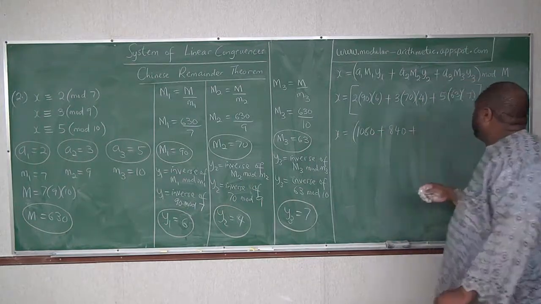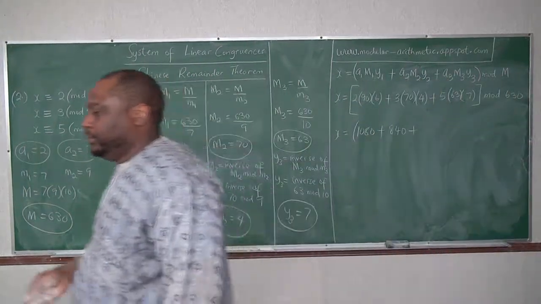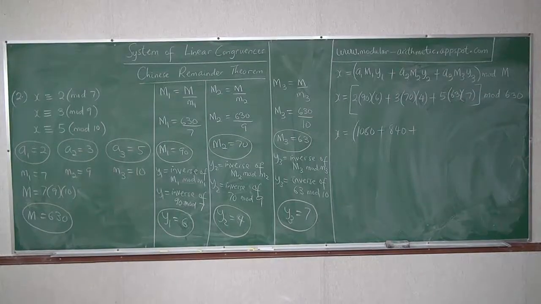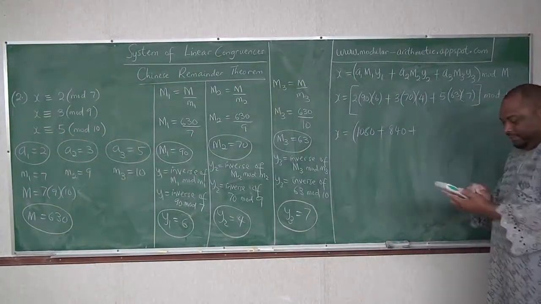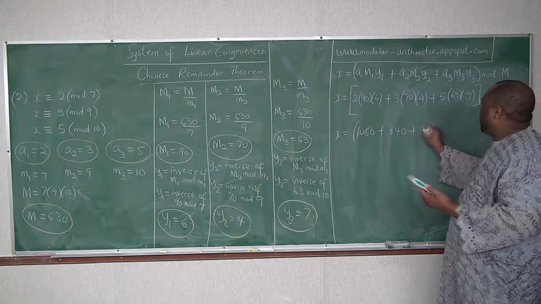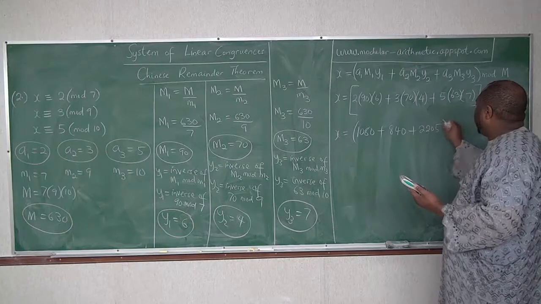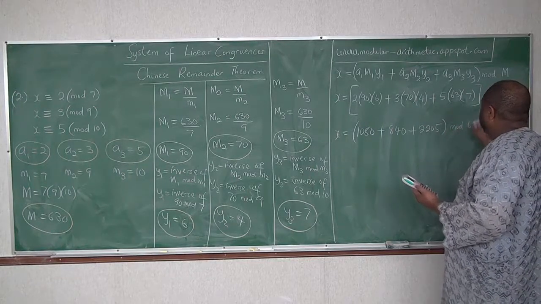Plus, let's use a calculator to be faster, 35 times 63, which is 2205.